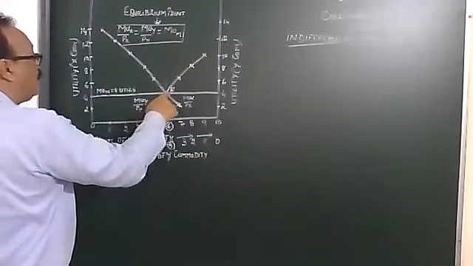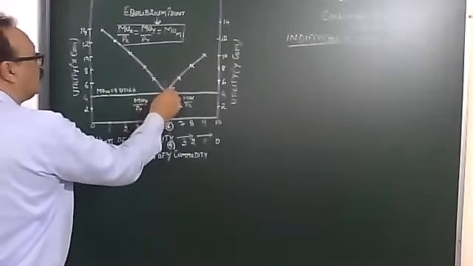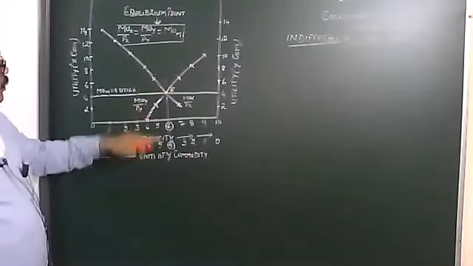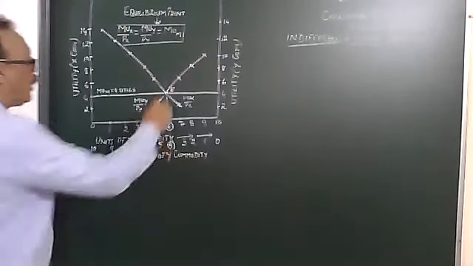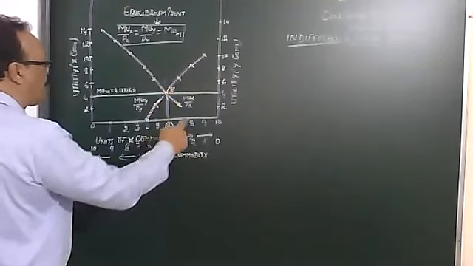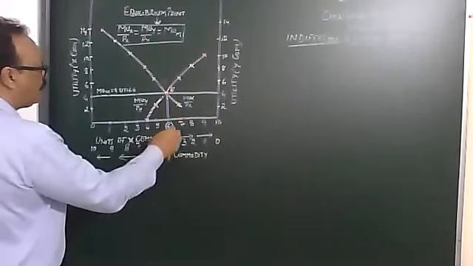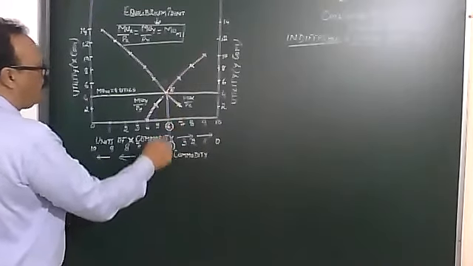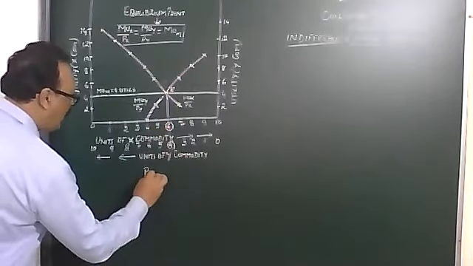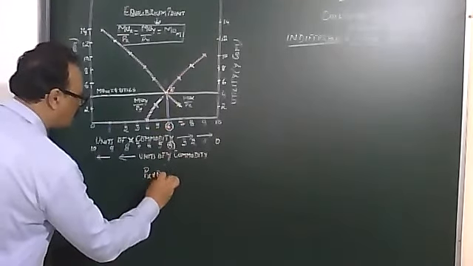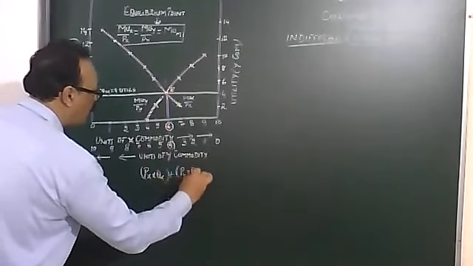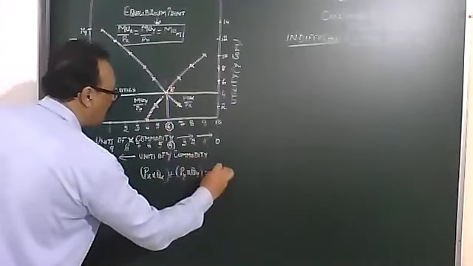This time again the Y is cutting the MUM at the 4th unit. So when we draw this line down over here, it shows that 6 units of X commodities, and if you bring this line down over here, 4 units of Y. So what we had said was PX into QX plus PY into QY gives you money.